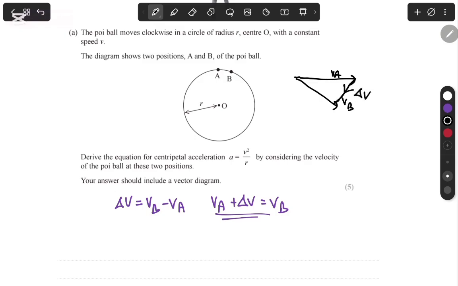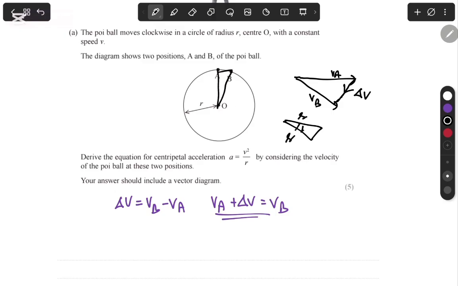This is going to be change in v, and this is the velocity at B. Remember to label your arrows' directions and what each arrow represents. Then you have another triangle here as well.